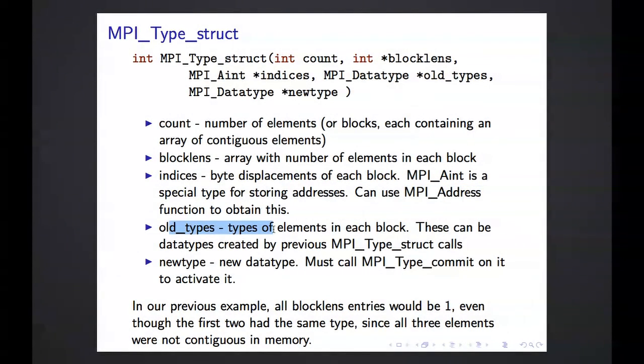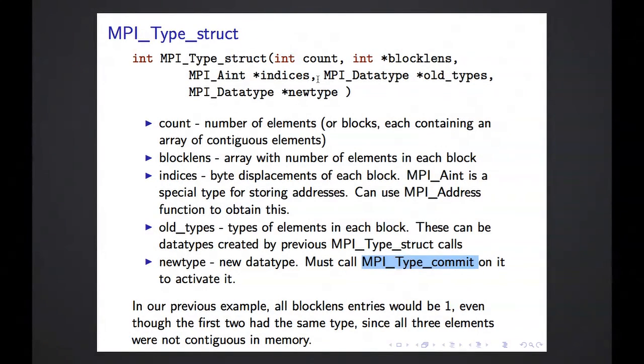Then the next argument is old types. This indicates the type of each block in the new data type we are defining, whether it's integer or float. And if you like, these data types can be data types created by previous calls to MPI type struct. And then finally, the output of this whole function is new type. Once we create it, we actually have to activate it using MPI type commit and deactivate it.